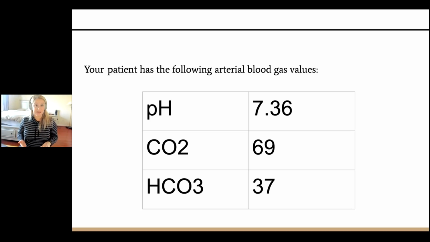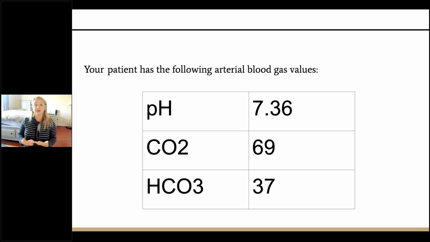When we look at that pH, 7.36, it's within normal range of 7.35 to 7.45. So now I have to dig a little deeper and go look at that CO2 and the bicarb. Whew, CO2 of 69, bicarb of 37. Okay, I don't know what's going on yet, but the body is definitely trying to do something. They are super abnormal, and they have successfully changed that pH to be within normal range.